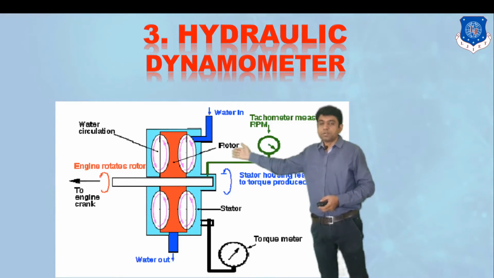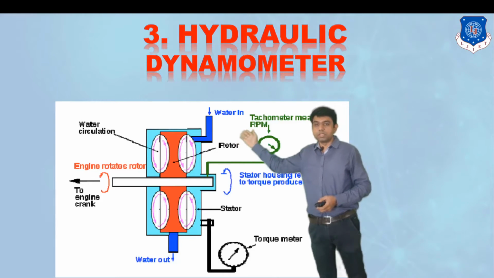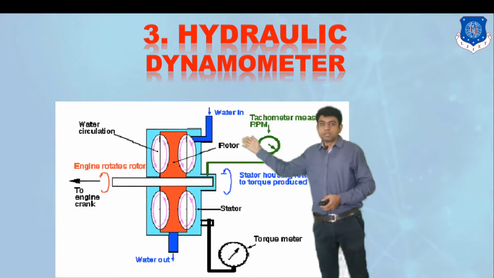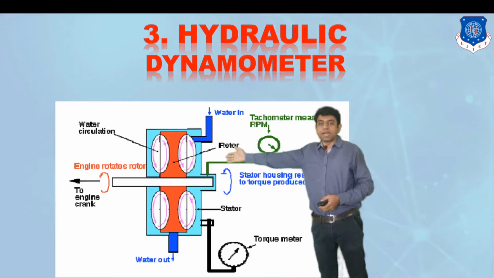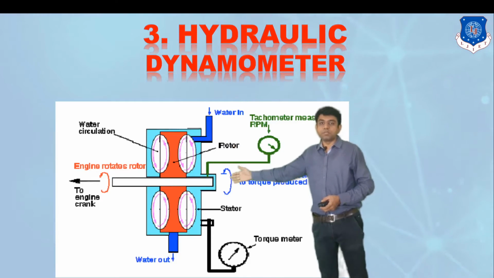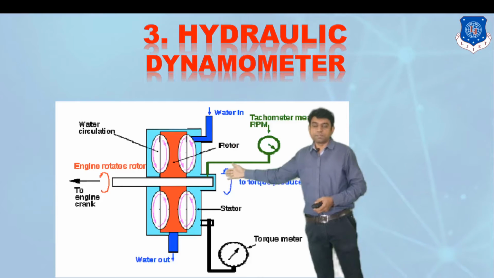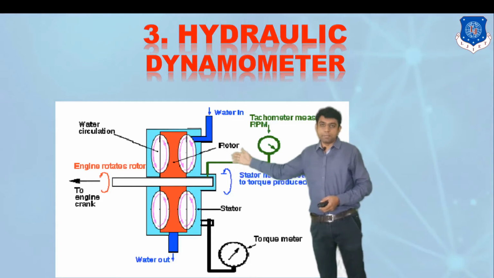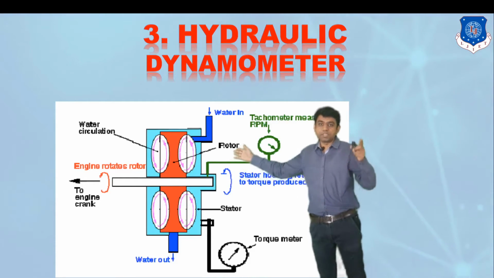As shown in the figure, the sky blue region is the casing part. The red colored region in between is the rotor member, which is mounted on the engine shaft. This rotor has a spherical type of cavity in between.